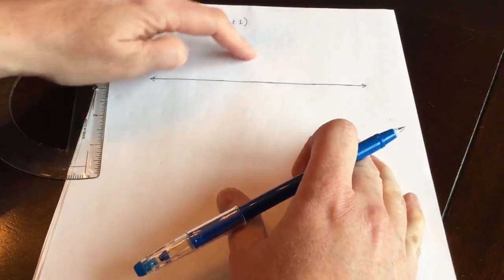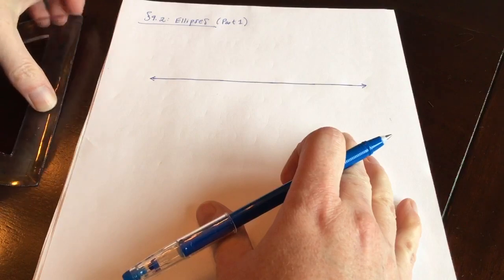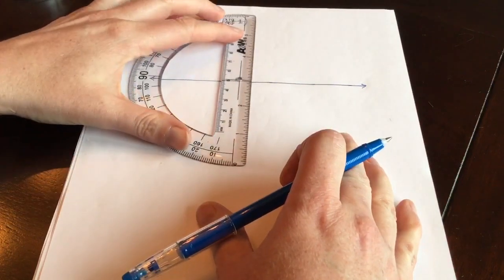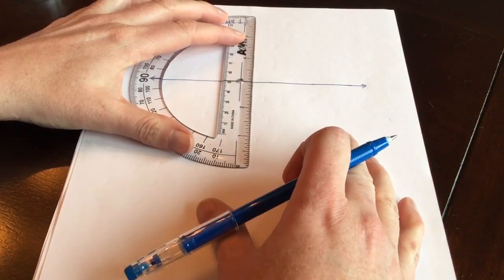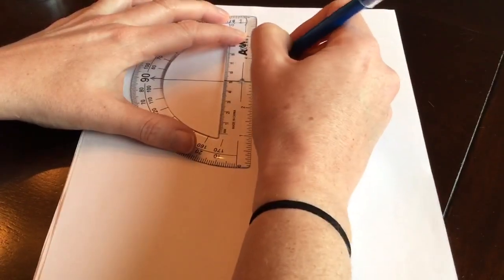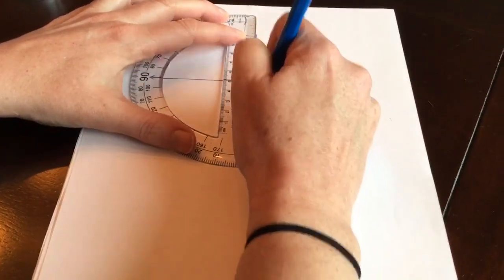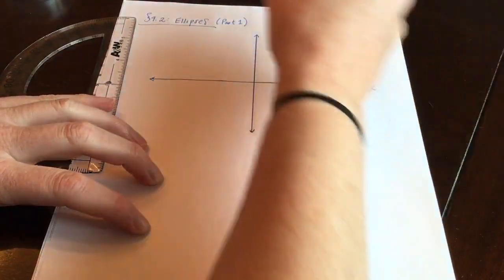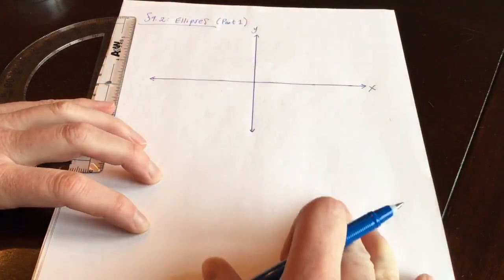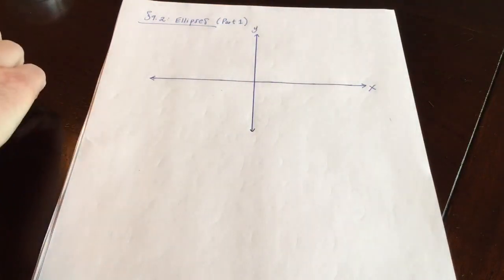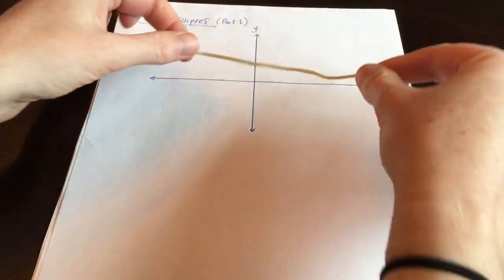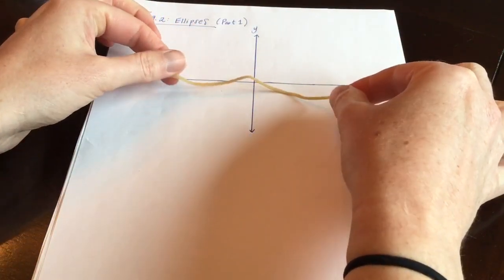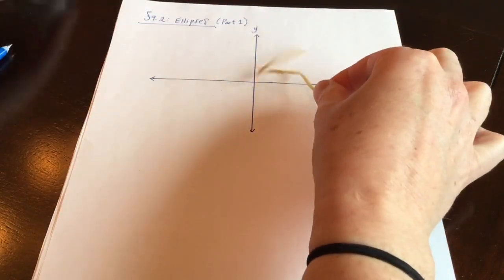You notice, for example, I have quite a bit of room up above here. All right, once you have your XY plane drawn and ready, next take your cut rubber band here.